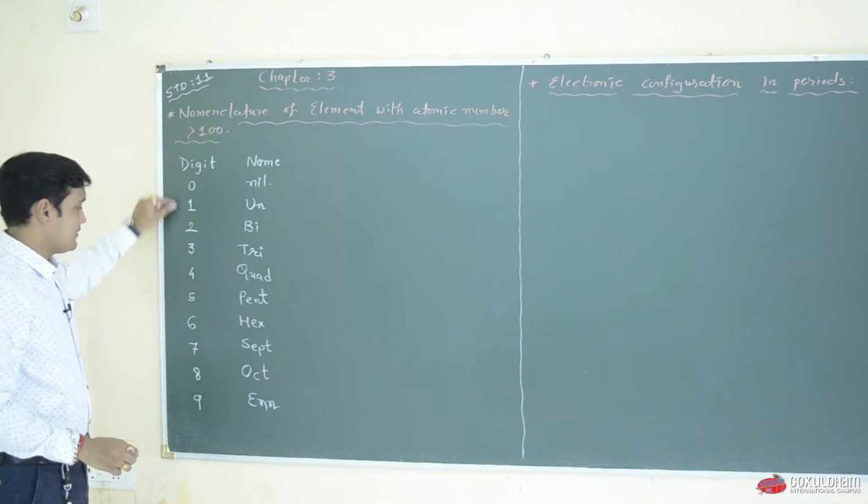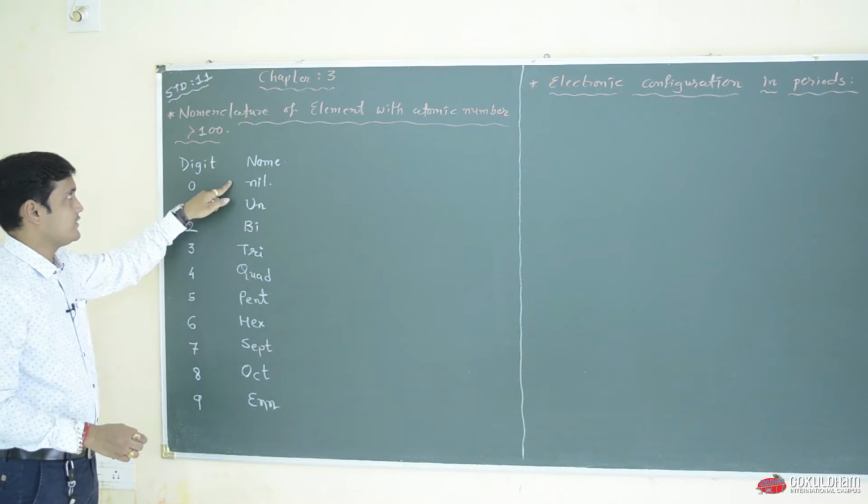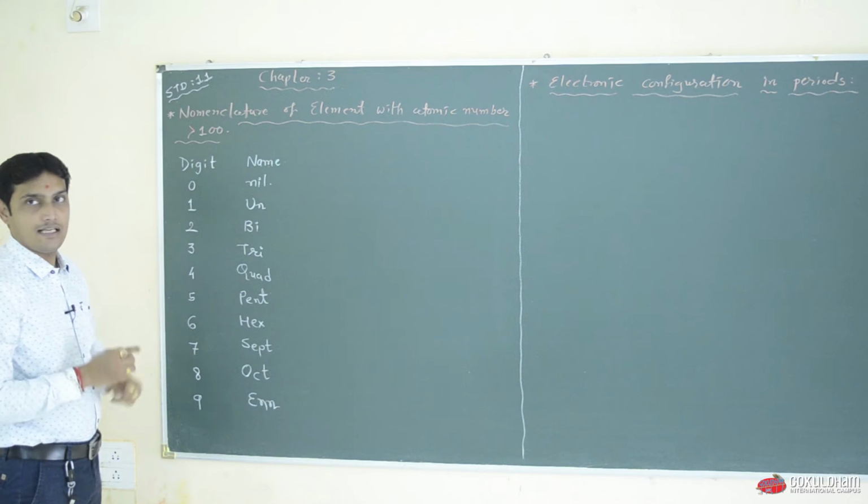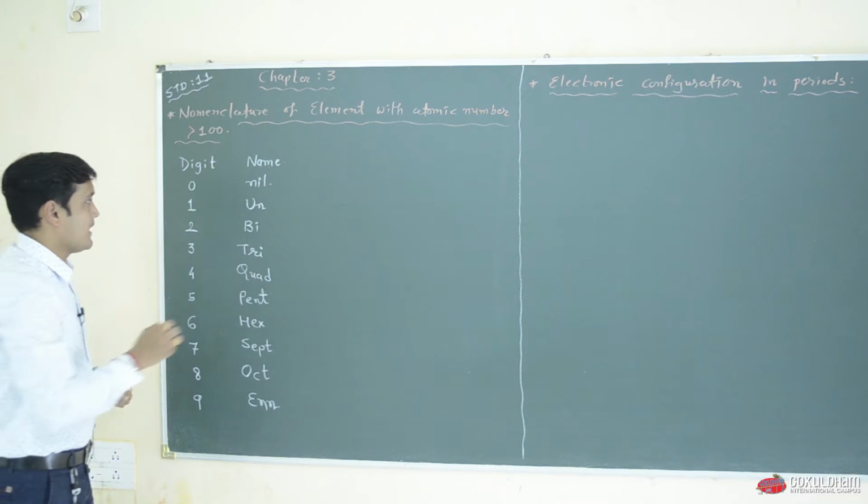This is the nine-digit name table which is used for atomic numbers greater than 100.